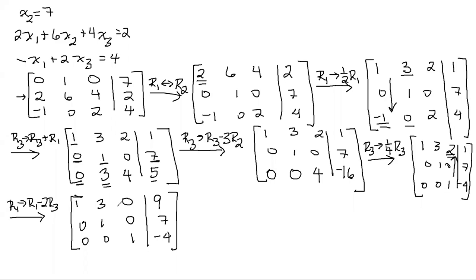Okay. Now our third column is good. It's got the 1 and 0s everywhere else. So our only last remaining problem is this 3. We can get rid of this by row replacement. If we take row 1, we can replace it by row 1 minus 3 copies of row 2 to get rid of that 3. And luckily, everywhere else in row 2 is 0.